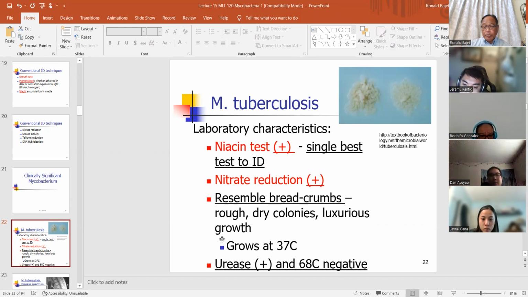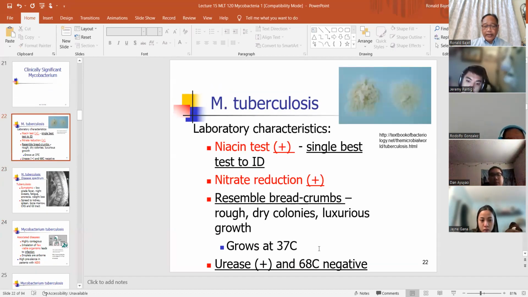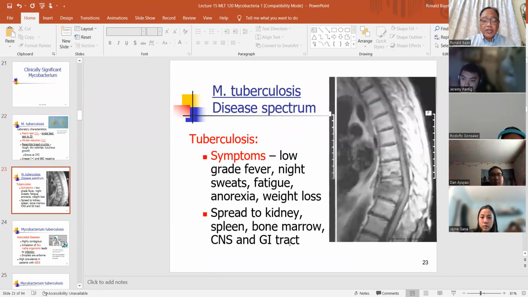The description is breadcrumbs, rough, dry colonies, luxuriant growth. It likes 37 degrees, and it's also urease positive. But the 2 main lab tests for MTB are niacin positive, because no other Mycobacterium is niacin positive. That's characteristic for MTB. And then there's nitrate reduction, and then urease positive.